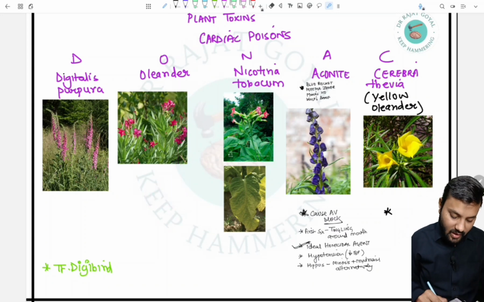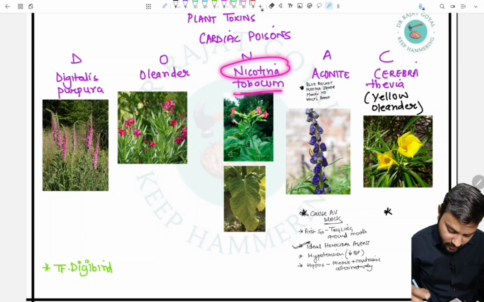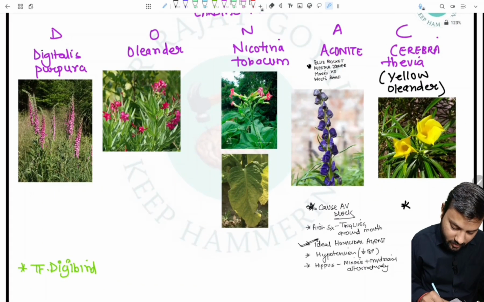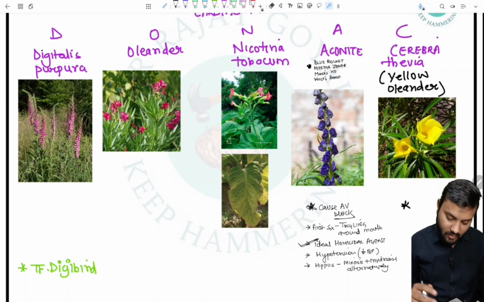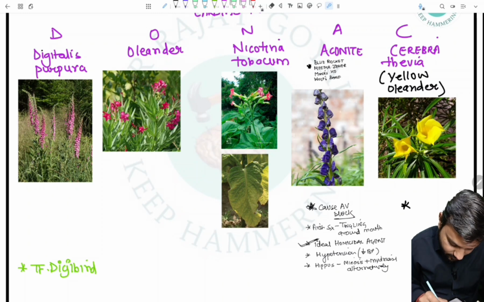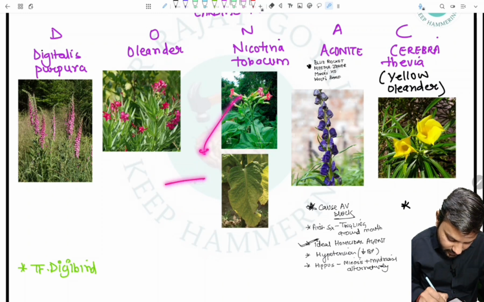If we talk about nicotiana tabacum, in tobacco the leaves are very important. So we have to see these leaves, which are a little thick, and large leaves are there, and the flowers are nearly bell-shaped, red-colored flowers.